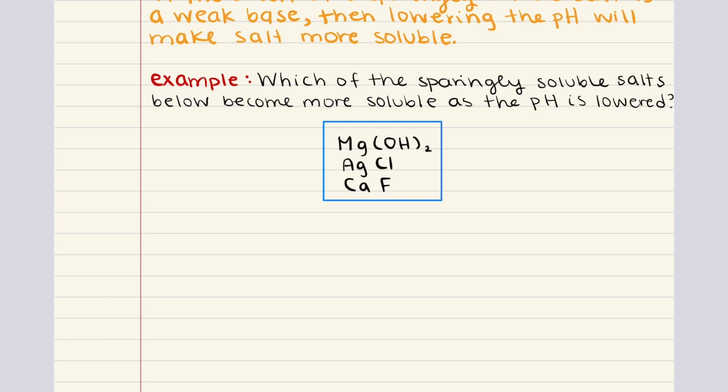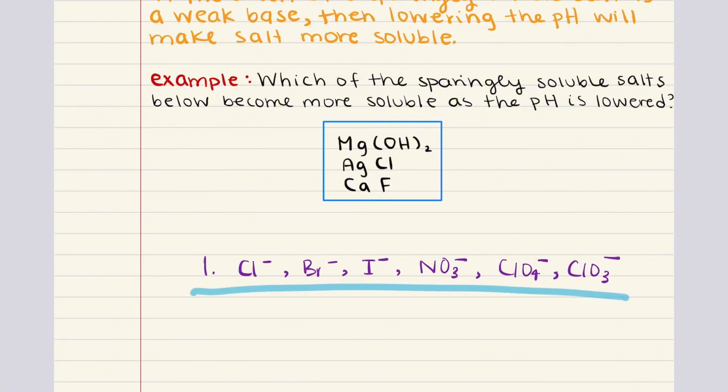If the anion comes from a strong acid, it's going to serve as a spectator ion in acid-base reactions. That includes any one of the following anions you see here. Therefore, the solubility of any salt containing one of these anions is not affected by the pH.